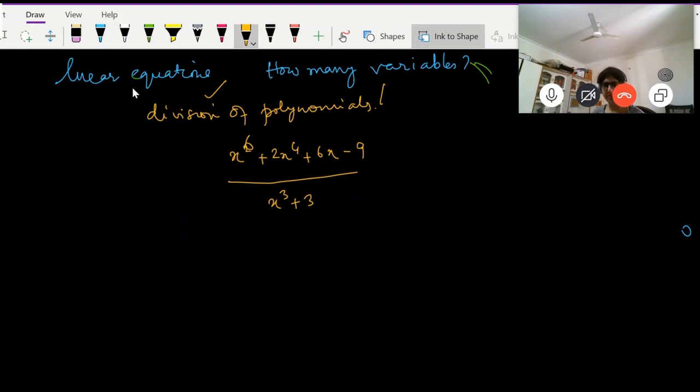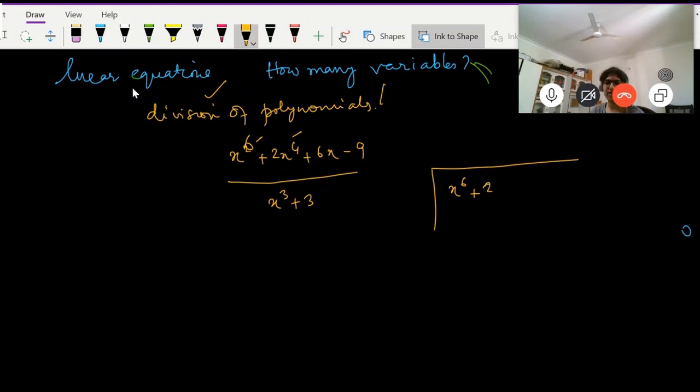We can divide it by the long division method. It is just like any normal division, exactly the same way we did in school, in our earlier classes. The only thing we have to do here is be a little careful. In this case, they have given x to the power 6 and x to the power 4, but x to the power 5 is missing.